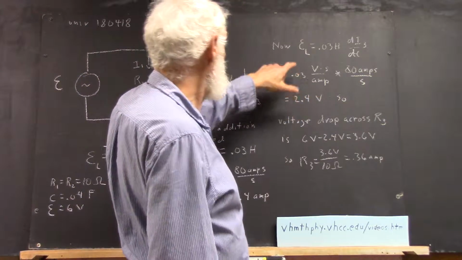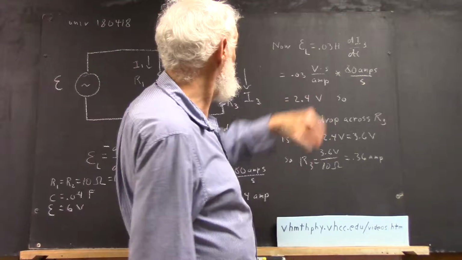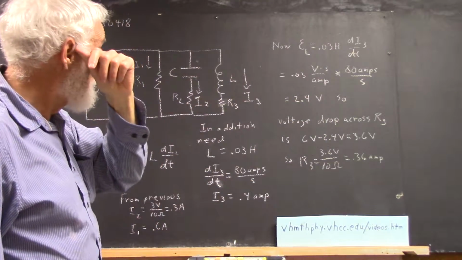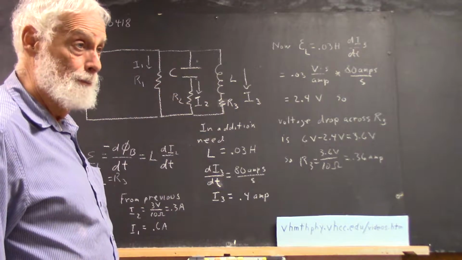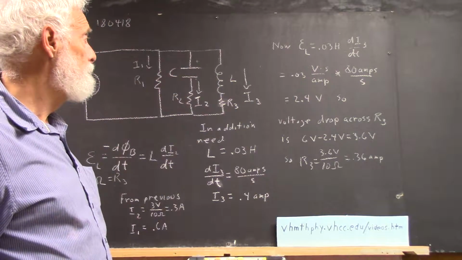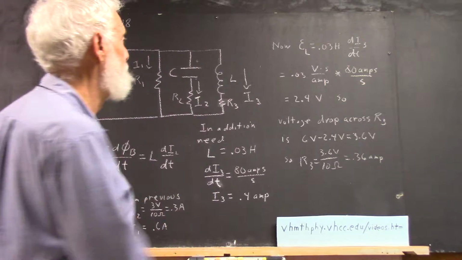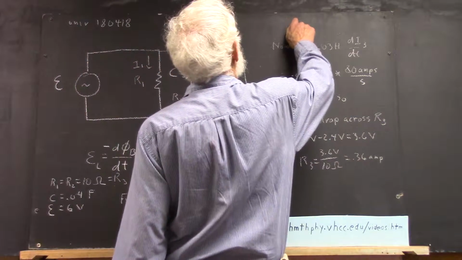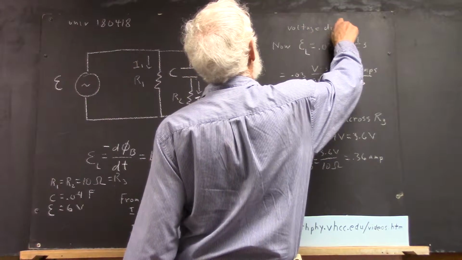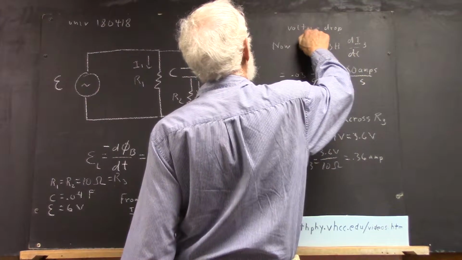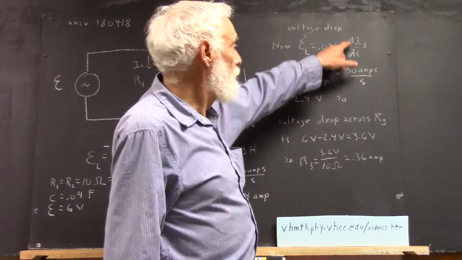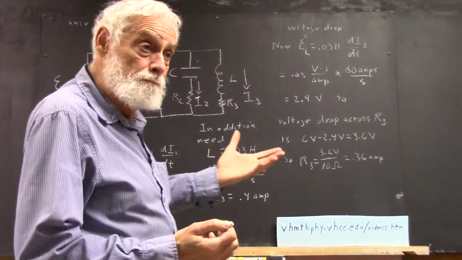but we have to calculate our voltage drop due to the inductor, okay? And this is our voltage drop. So it's 0.03 Henry times di3/dt.